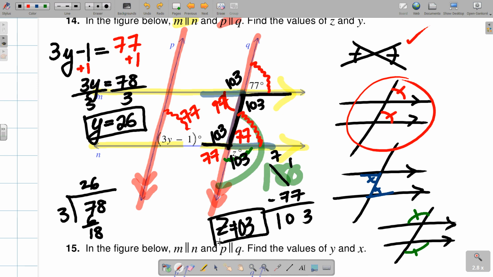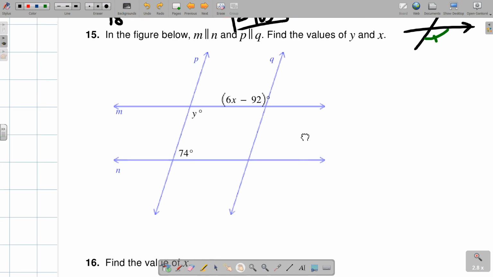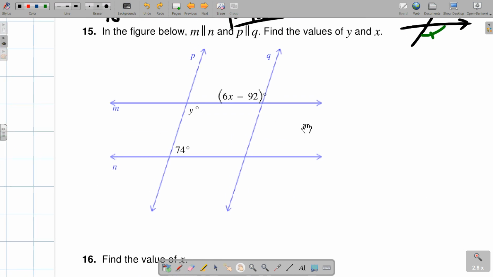Now take what you've learned for 13 and 14, Erie, and try 15 completely on your own. Check your work on the last page. Pause the video. Alrighty, Erie, welcome back.